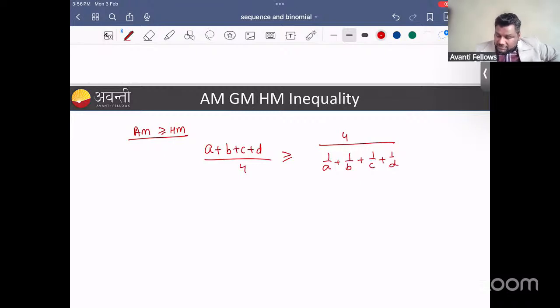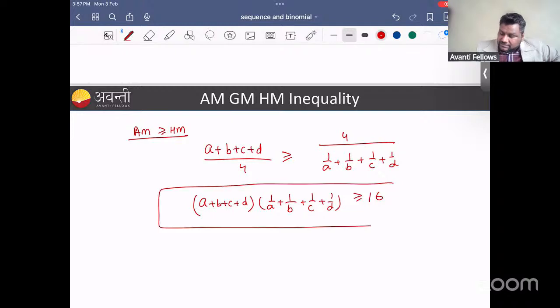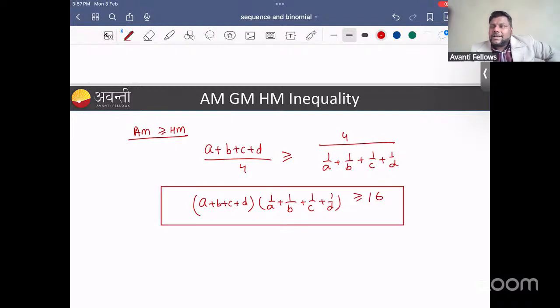So in this case, it will be A plus B plus C plus D into 1 by A plus 1 by B plus 1 by C plus 1 by D more than or equal to 16. Directly we can do if we are aware of AM-HM inequality. Understood?